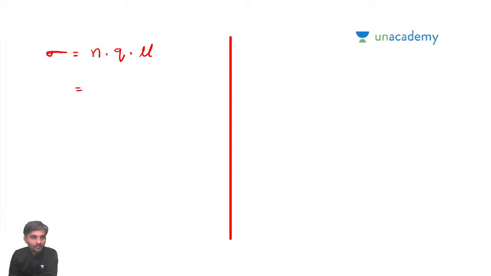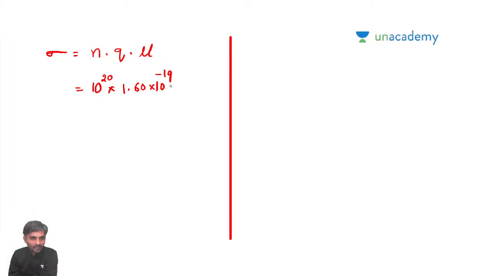What is the electron concentration? I think it is given as 10 to the power of 20, into the charge of an electron. Correct, Satish, you are right. n q mu. It's going to be 10 to the power of 20 into 1.60 into 10 to the power of minus 19.